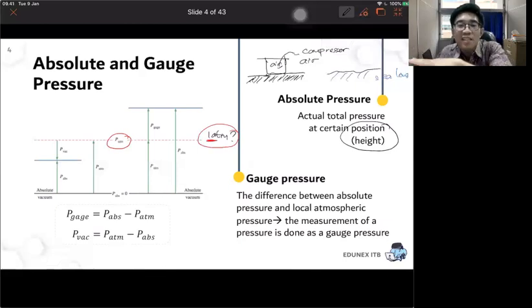You need to close the tank in order to increase the pressure inside. Kalau Anda buka, if you open it, then you put a compressor, it will not increase. So after you close the system, you use the compressor to increase the air pressure inside the tank, then the air pressure will be higher than the outside atmospheric pressure.